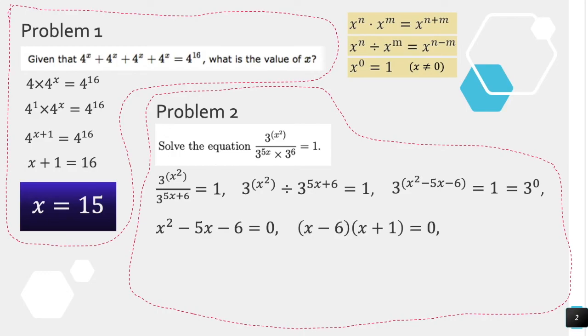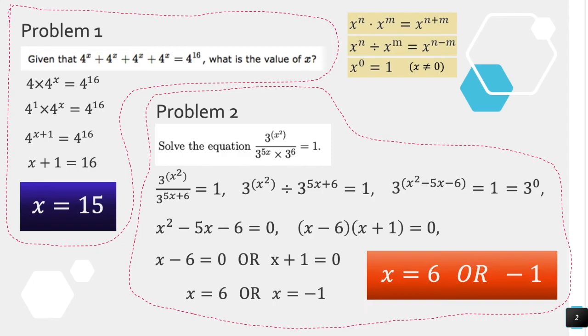So therefore, x minus 6 times x plus 1 is equal to 0. So either x minus 6 is equal to 0 or x plus 1 is 0. That leaves us with our final answer to this question to be 6 or negative 1. So x equals 6 or negative 1.